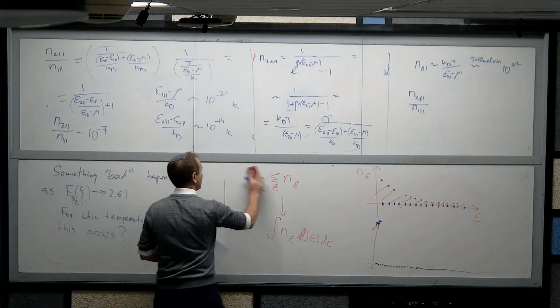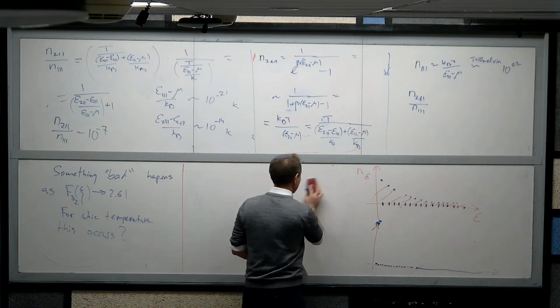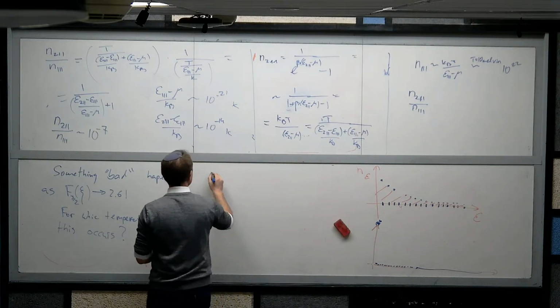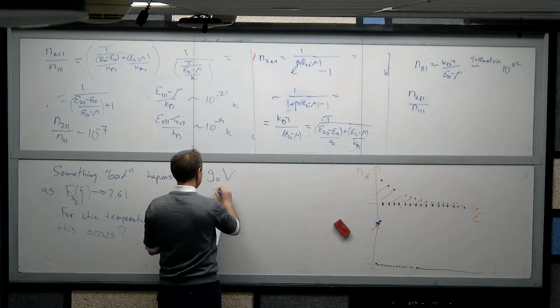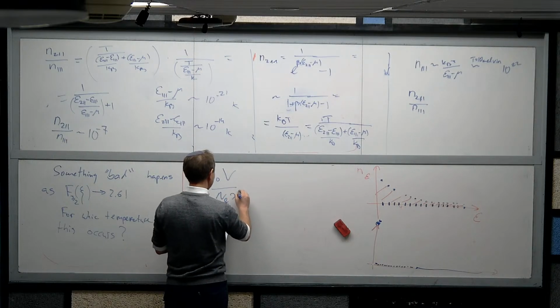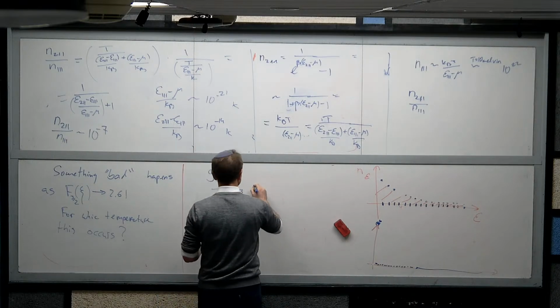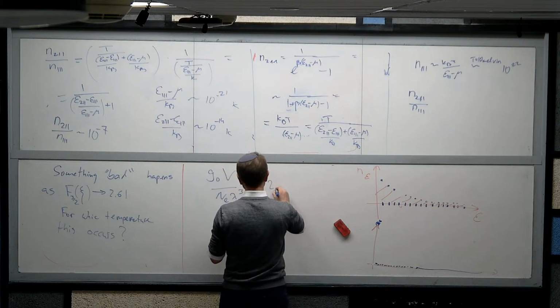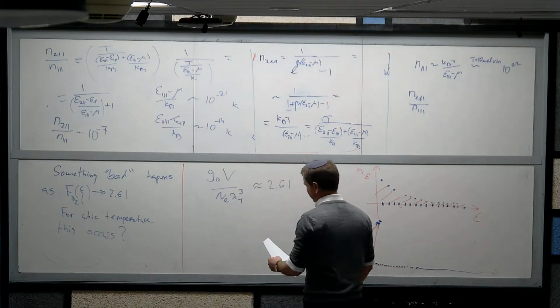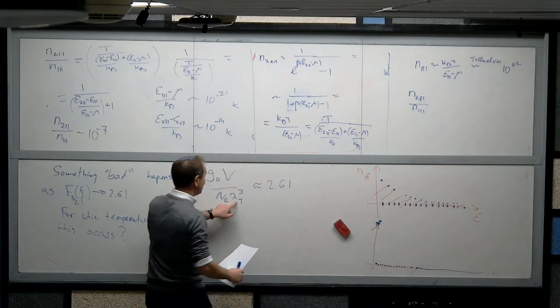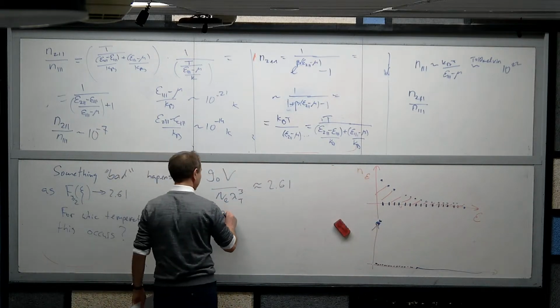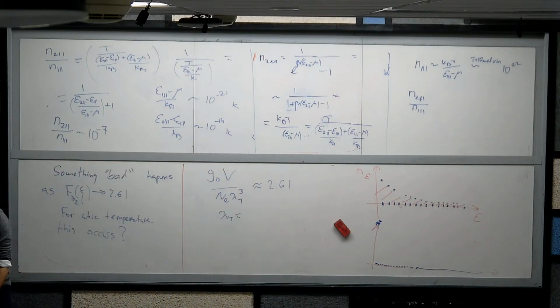So what we have is that g0 V over lambda T to the third power is approximately 2.61. Now, we substitute here the value of lambda T, which is, if you remember properly, lambda T was, I never remember this thermal wavelength.